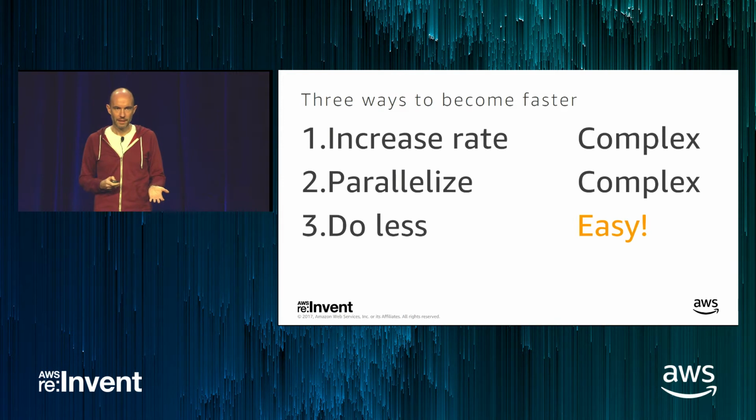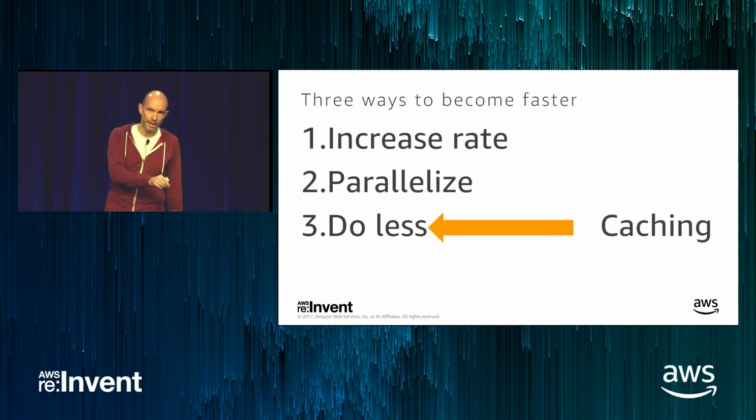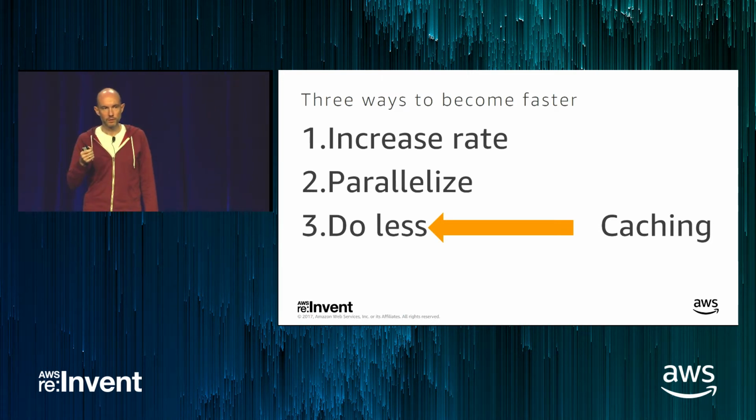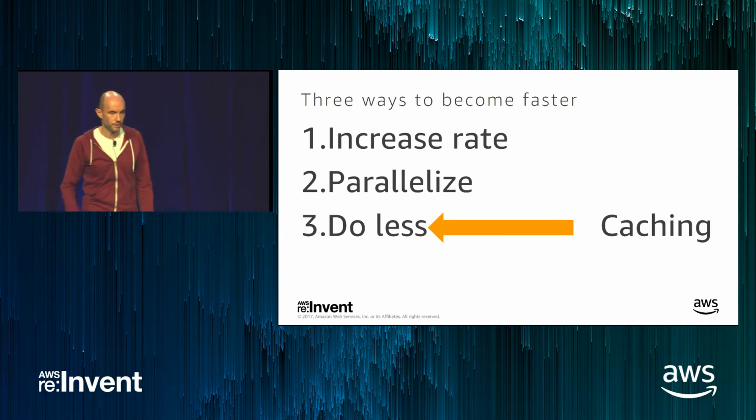So in a way, caching is a mechanism for you to do less in your application so that you can get more done in aggregate. Think of caching as a way to save time through doing less, but still being able to accomplish more in terms of transactions. And we're going to show you how this works.